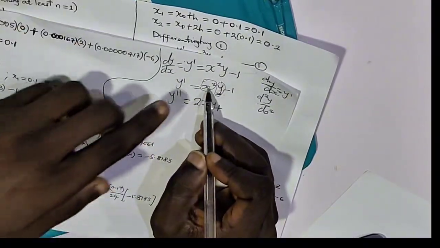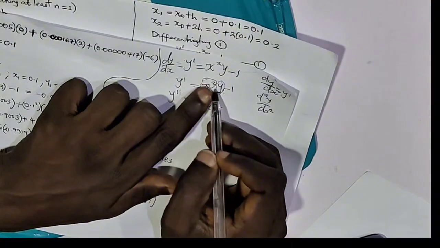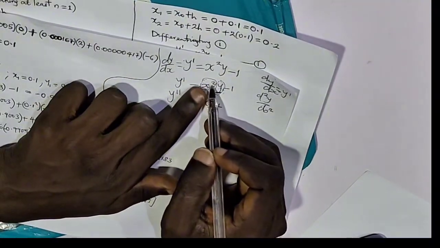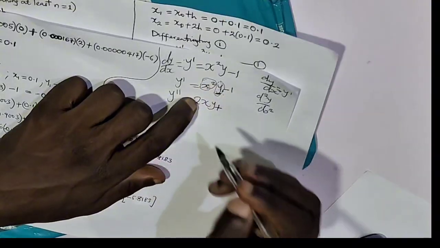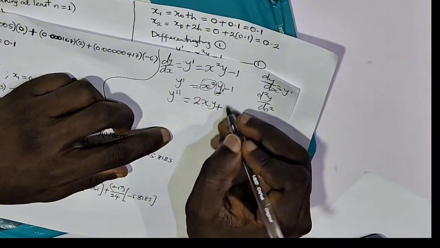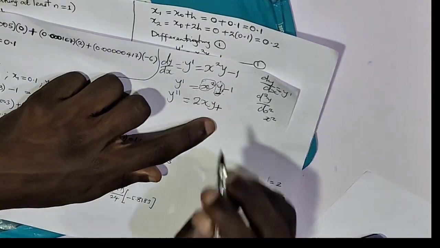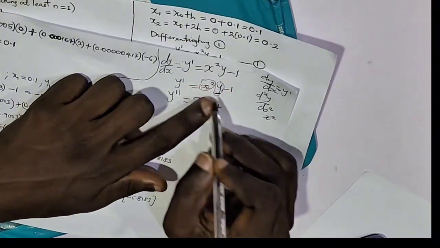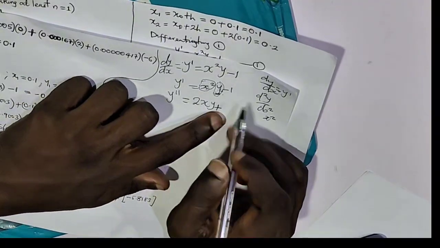First of all, I differentiate with respect to x, keeping y constant, and I have this. Plus, I differentiate again, this time with respect to y, keeping x to the power of 2 constant. Whenever I differentiate this, I will multiply x to the power of 2 with the answer, just as I did here.